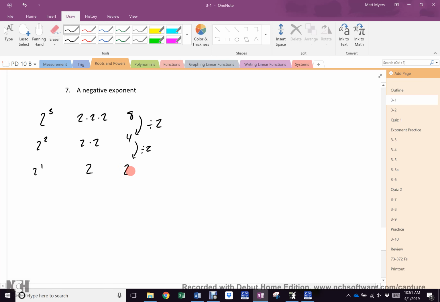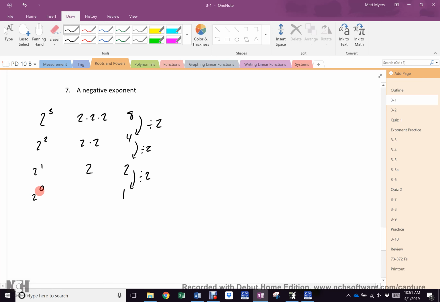Logically, what's the next exponent? 2 to the 0, which we know doesn't have 2 as a base anymore. What's its value? 1. We know all that, yes? Now, what have you just seen? This is repeated thrice, yes? If something repeats thrice in math, what will happen? It will continue to repeat.